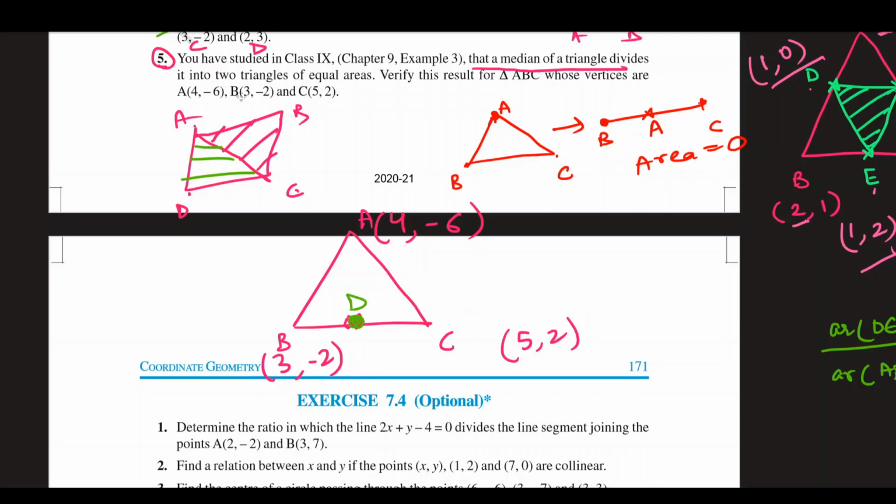Its coordinate will be 3 plus 5 upon 2, that is 4, and minus 2 plus 2, that is 0 by 2, that is 0. So its coordinate is 4 comma 0.